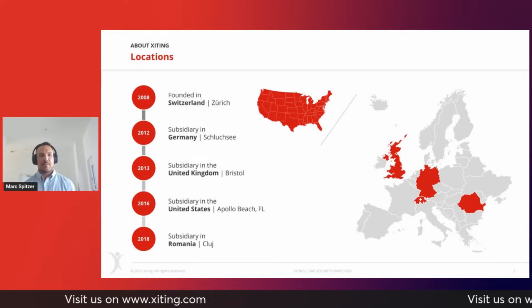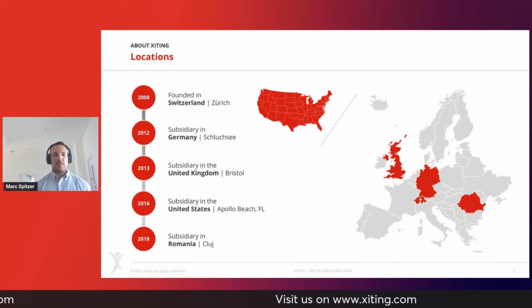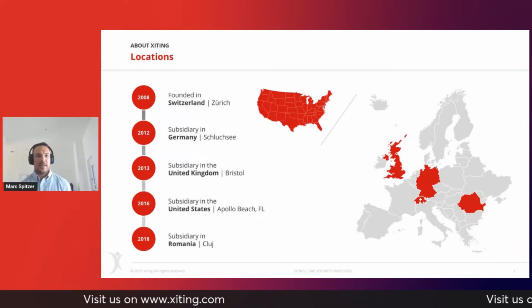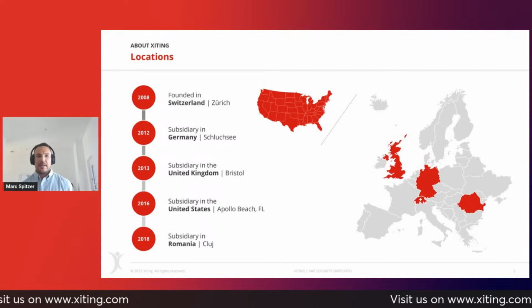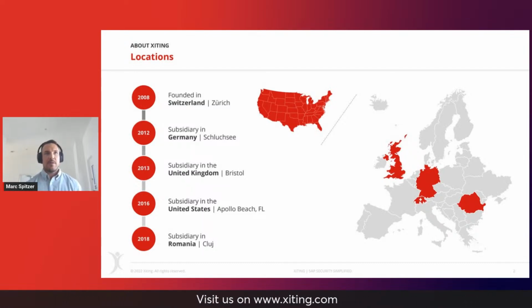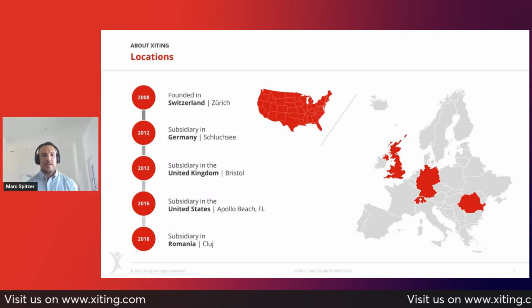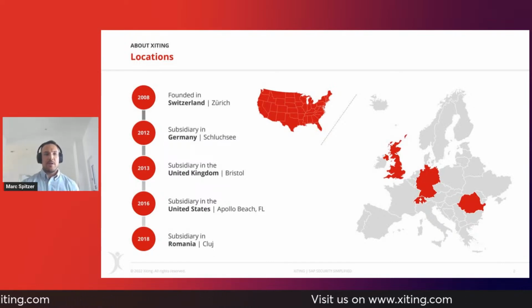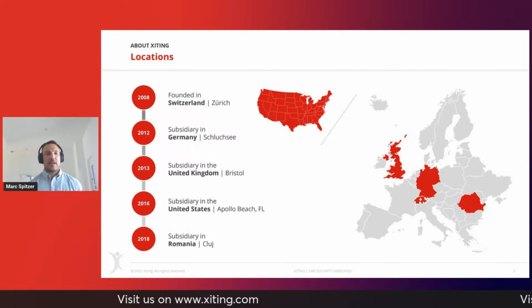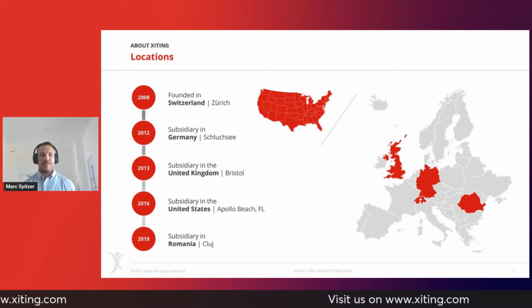And since then we expanded a lot to Germany, of course, where I also started in 2012. And since then as well, United Kingdom, United States, and Romania. And we are 150 employees now. I think half of them are consultants in that area. And you will later on see also a little bit what areas we are covering for consulting as well as for tools we developed in SAP security.